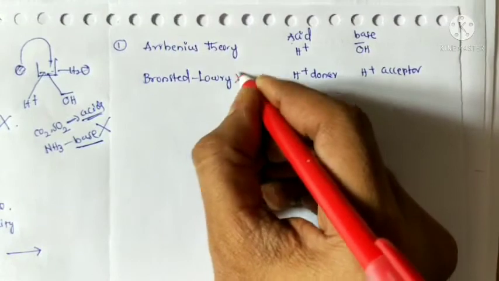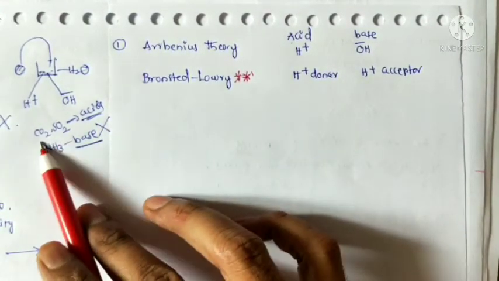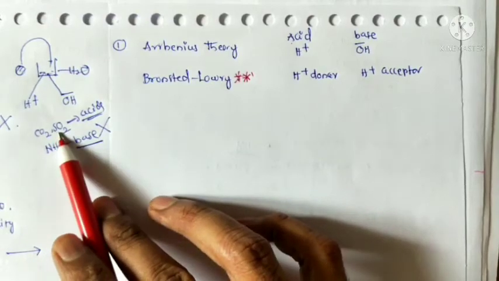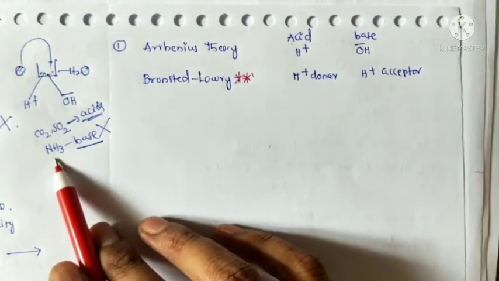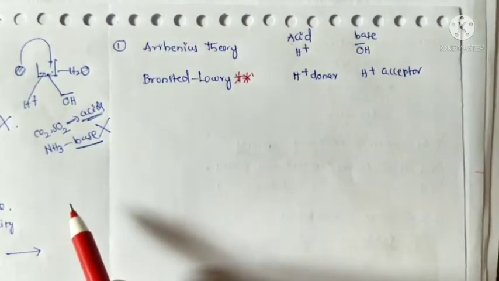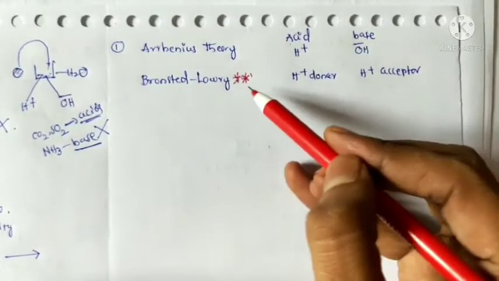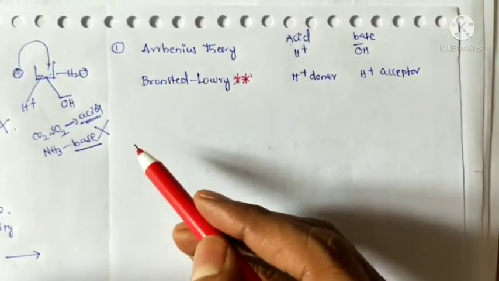It is a very important theory, because it can explain the acidity of carbon dioxide and sulfur dioxide, and the basicity of ammonia. So it is more comprehensive than the Arrhenius theory.